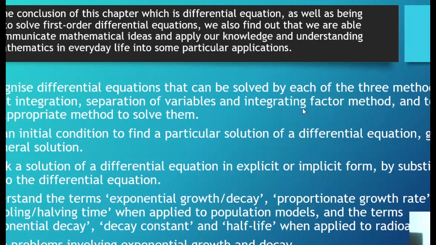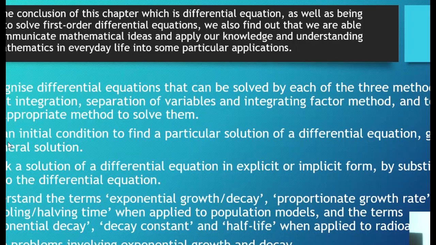We are able to first recognize differential equations that can be solved by each of the three methods: direct integration, separation of variables, and integrating factor method, and to use the appropriate method to solve them.